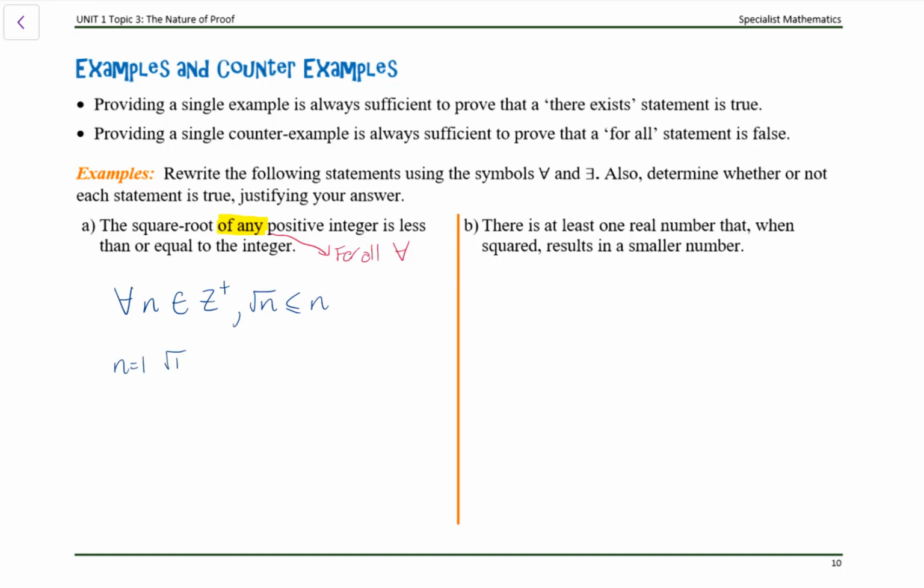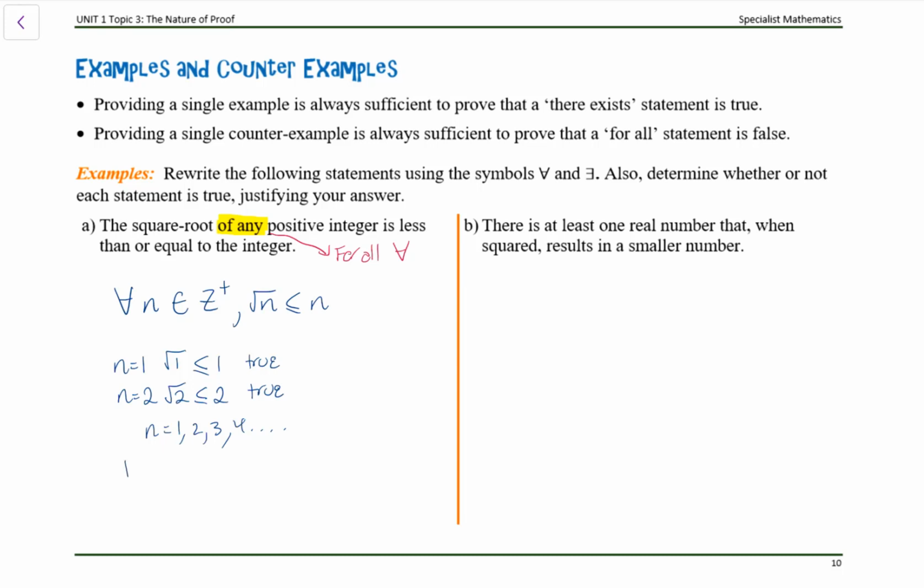The square root of 1 would be less than or equal to 1. So that's true. N equals 2. Square root of 2 has to be less than or equal to 2. So that's true. Now that would continue for n equal to 1, 2, 3, 4. Keep going. We don't know what's going to happen for infinity, but we would assume that it is true.